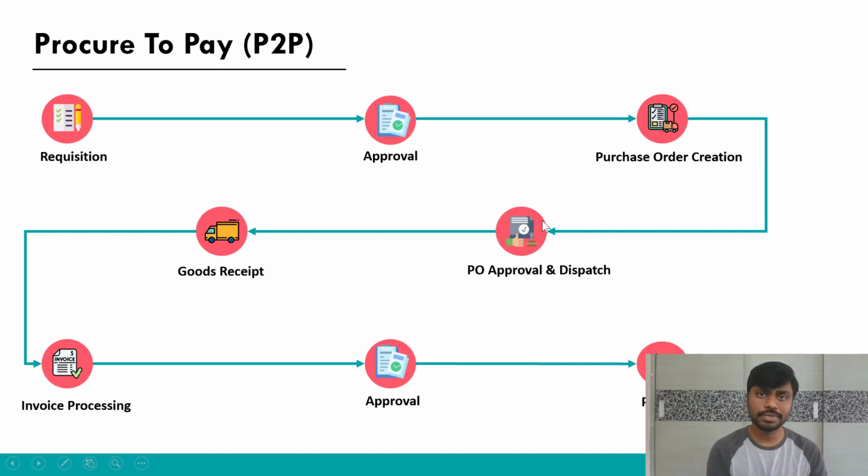It starts with a requisition document, and then it gets approved, and then it will be converted into a purchase order against a supplier, which will also go for an approval. Once the purchase order is approved, it will be sent to the supplier. Once the supplier receives the purchase order, he sends the material based on the delivery terms, and along with that, he will also send an invoice. The invoice will be internally reviewed and approved, and finally payment is made as per the payment terms. So this is a simple flow of P2P.